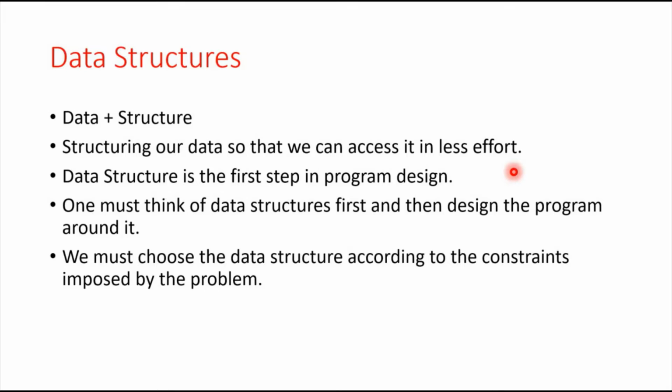In our code, we use less space and less time, that is called efficient code, and less effort. We can perform certain operation in less effort. Okay, hope you understand the effort, the word effort, and efficient and access.